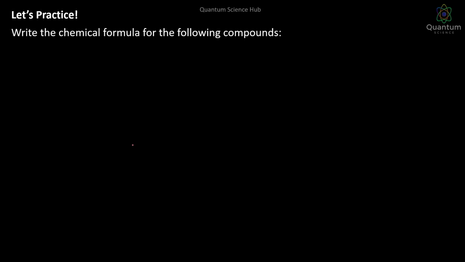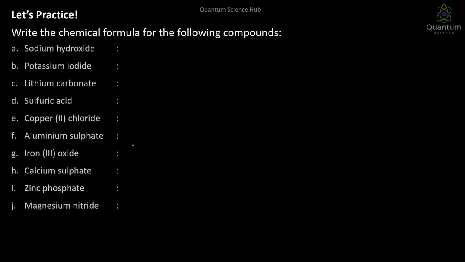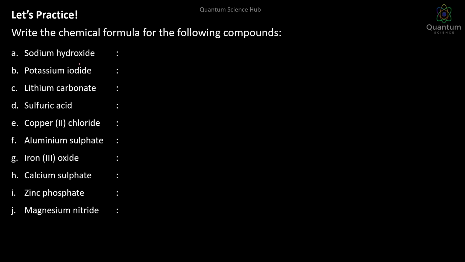Okay? Now let's do some practice questions. Write the chemical formula for the following compounds. Sodium hydroxide. To answer all of this, we have to know each ion for the compound. Sodium is Na+, hydroxide is OH-. So I will take yours, you will take mine, crisscross. The chemical formula is NaOH.